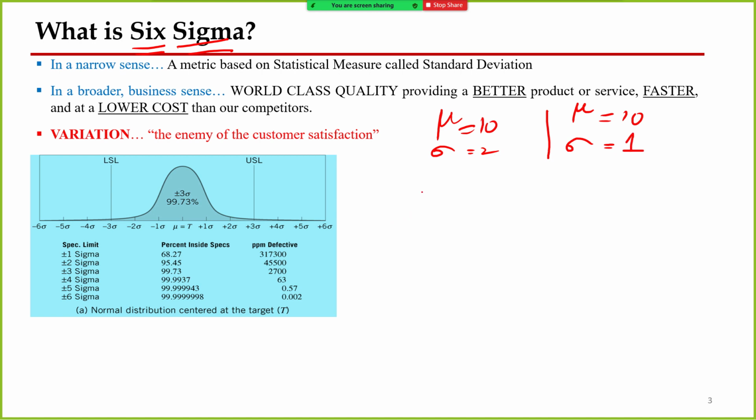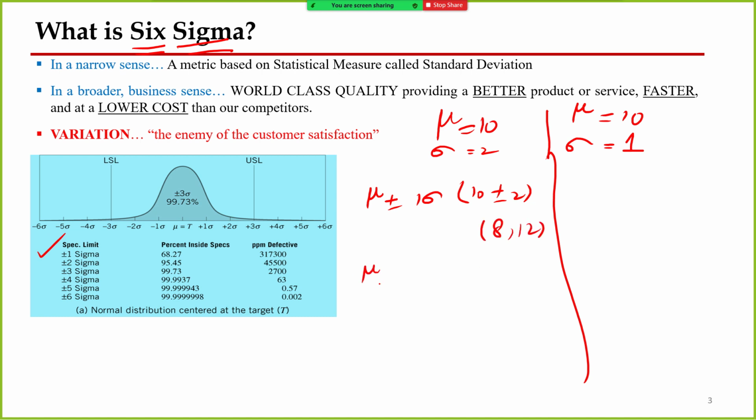Now, if I calculate my limits, as we have seen from the empirical definition, mean plus or minus 1 sigma, the limits are going to be 10 plus or minus 2, which means 8 to 12. Similarly, mean plus or minus 2 sigma is going to be 10 plus or minus 4, so this is going to be 6 to 14.